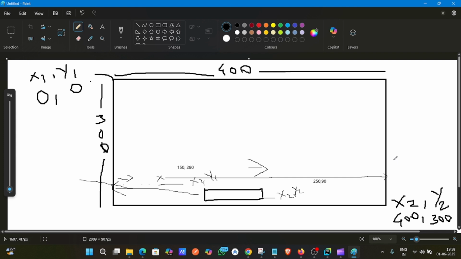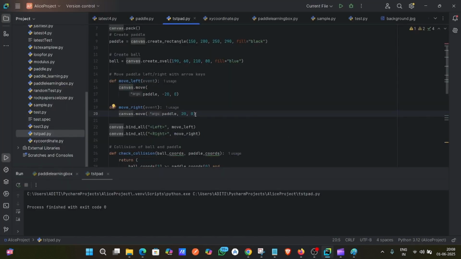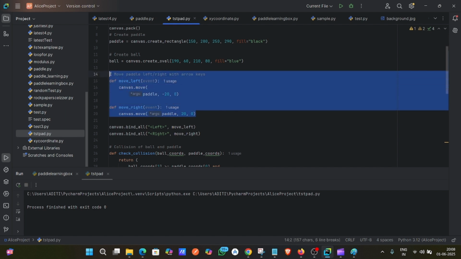Okay, so let's see in the code how this is done. Let's make some changes in this code in order to control our paddle so that it should not go beyond those walls on either the left or right side. Simply replace this part with the new code.